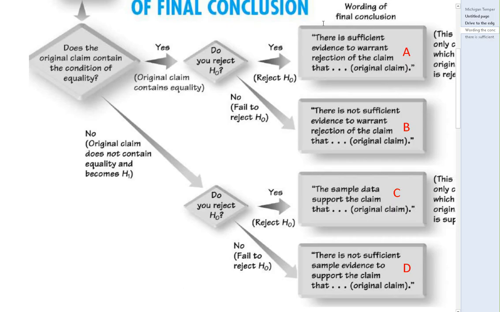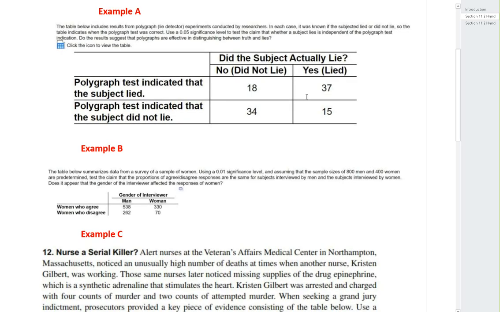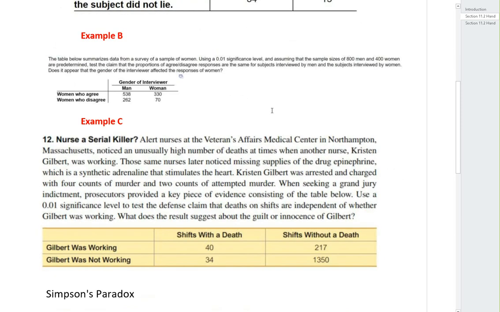And let me get that one up here for us. The table below summarizes data from a survey of a sample of women using 1% significance level, assuming that the sample sizes of 800 men and 400 women are predetermined.